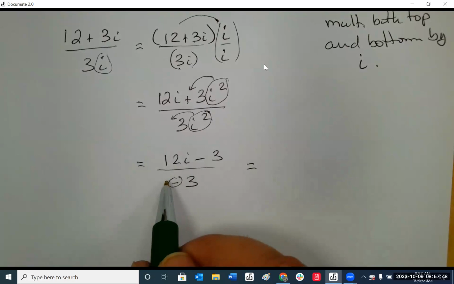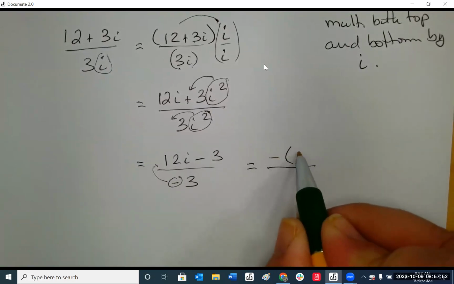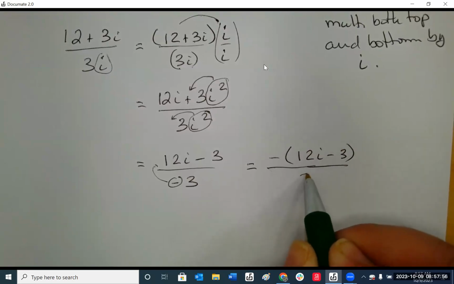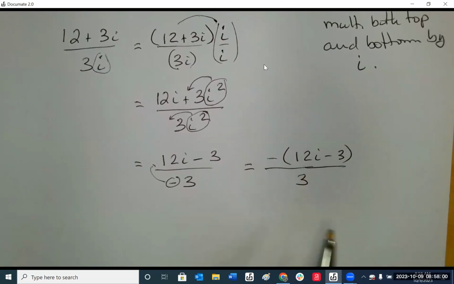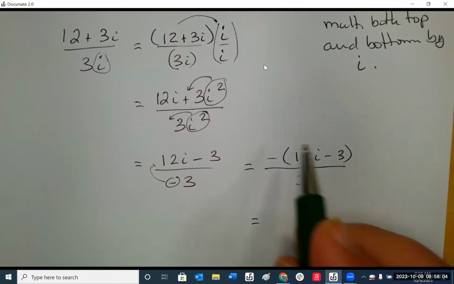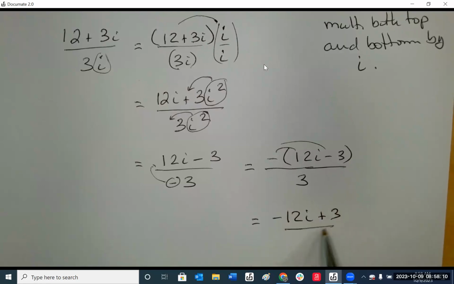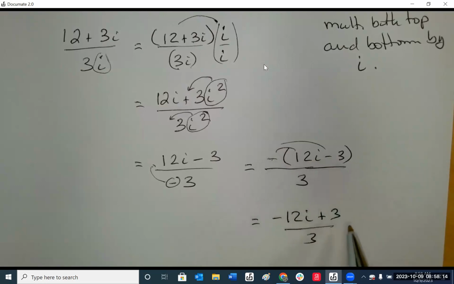This negative goes up on top, because remember, the bottom number can never be negative. So it becomes negative 12i plus 3. Negative times positive is negative. Negative times negative is positive.